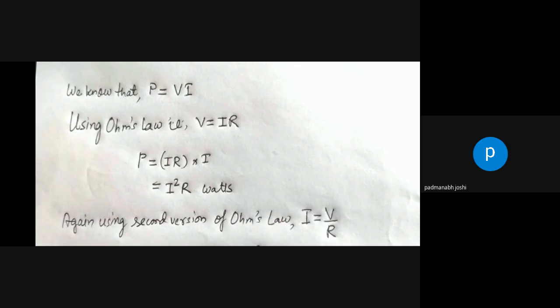If we replace V equals IR into the equation P equals VI, just replace this V with IR. So IR into I is power. So I square R is the power in watt.